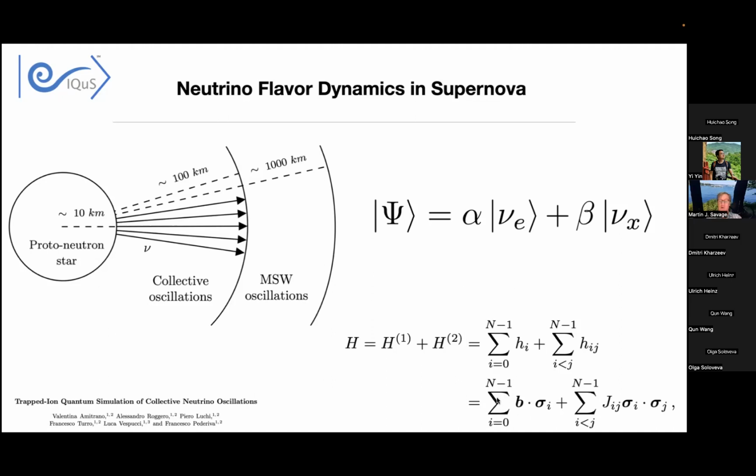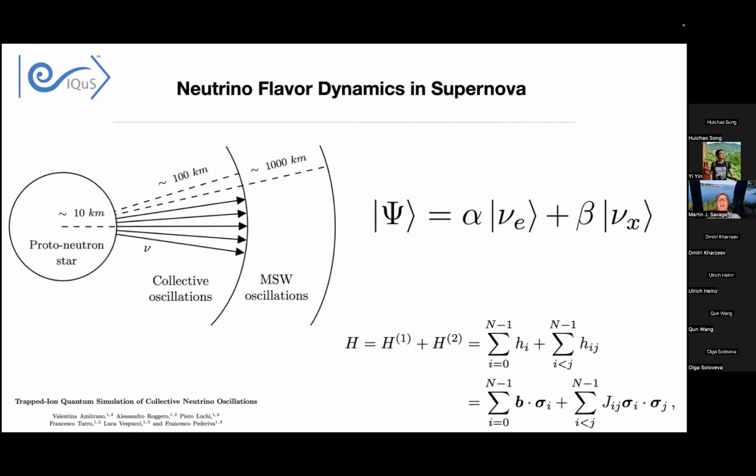One is the interaction with the background matter and the vacuum, the vacuum oscillations, which is encoded in this vector B with a spin operator, and then a spin-spin interaction. The important thing to keep in mind is that the spin is really an isospin space. So the states you have are orientations between electron neutrinos and mu neutrinos.